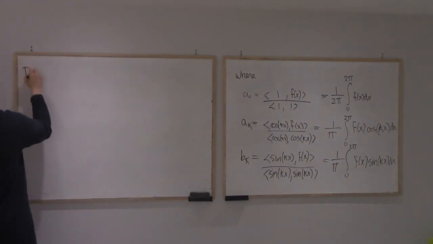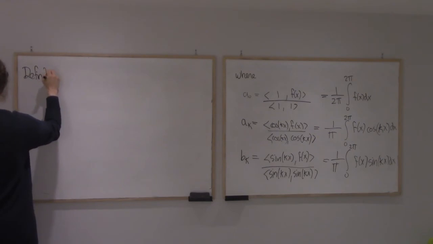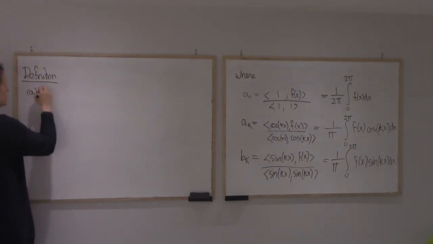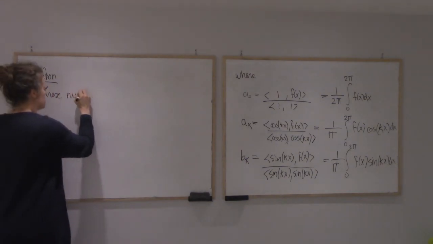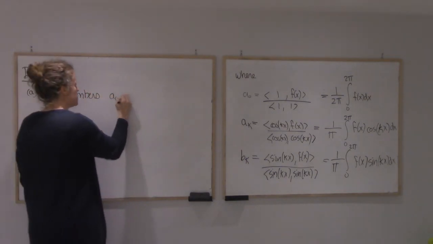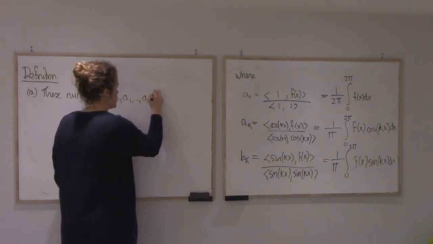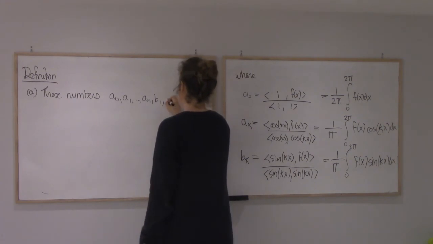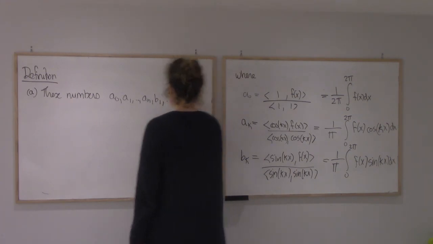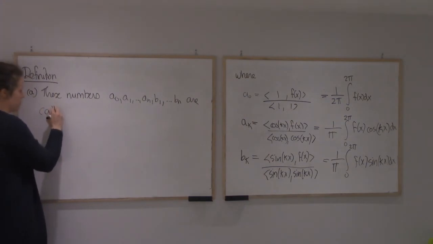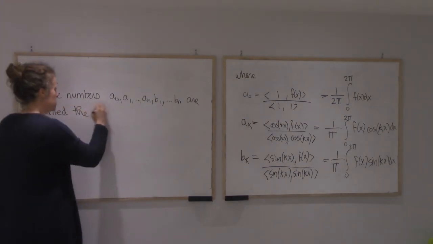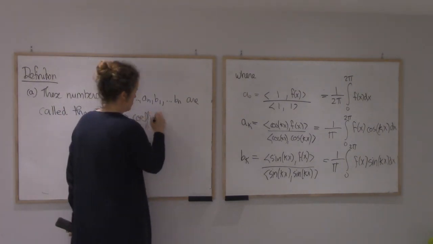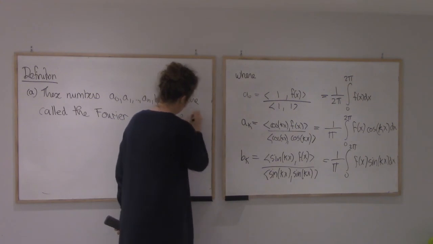So these numbers A0, A1, An, B1, Bn, sorry, not B0, are called the Fourier coefficients of the function f.